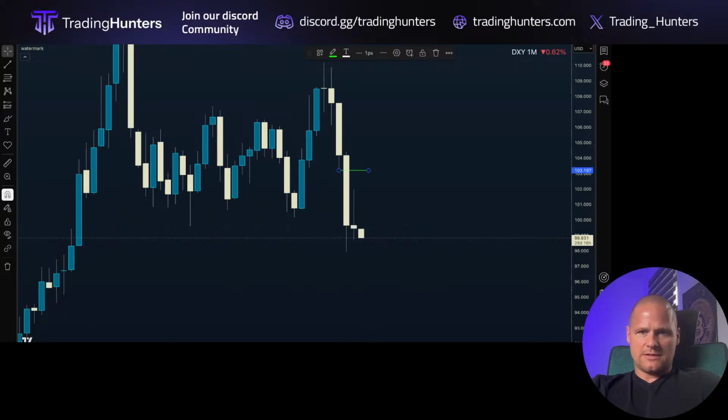So the liquidity is still down here. Then we had this inside candle which made quite a significant pullback, big enough, which made 50%.